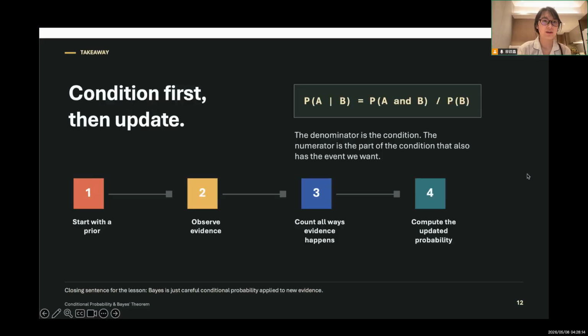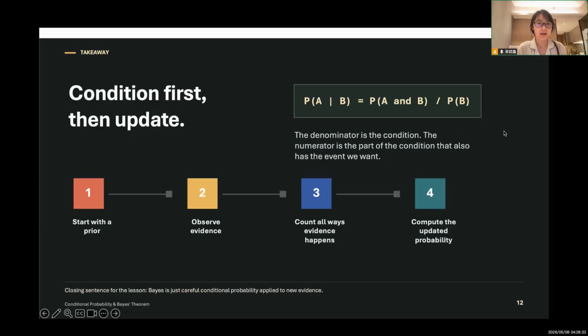So, finally, we can finish with one sentence. Condition first, then update. Start with the prior probability. Observe evidence. Count all the ways the evidence can happen. Then compute the updated probability.